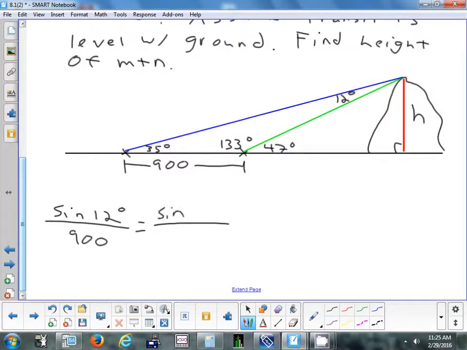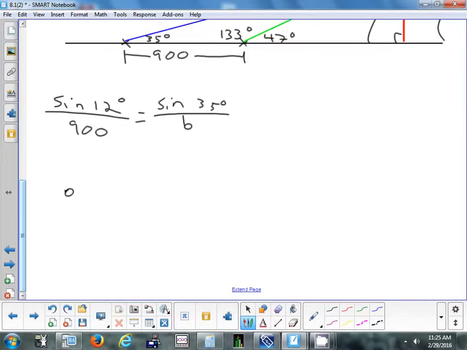So what would that be? Sine 35. And we could call the green side B. So now we're going to find the length of the green side, which is B. What is B going to equal? 900 sine of 35 over sine of 12.